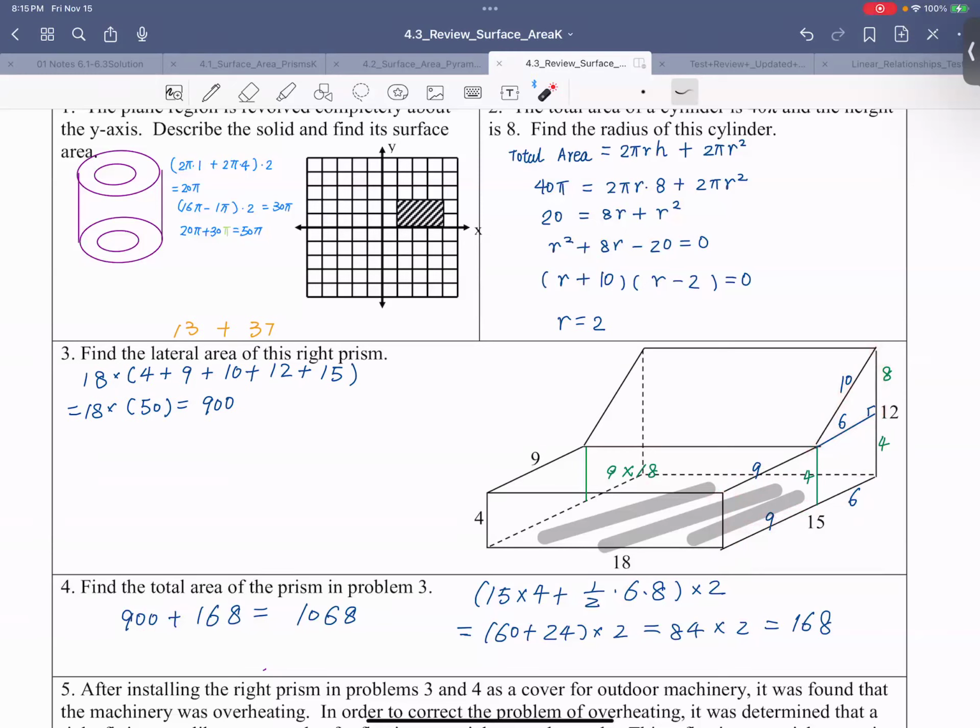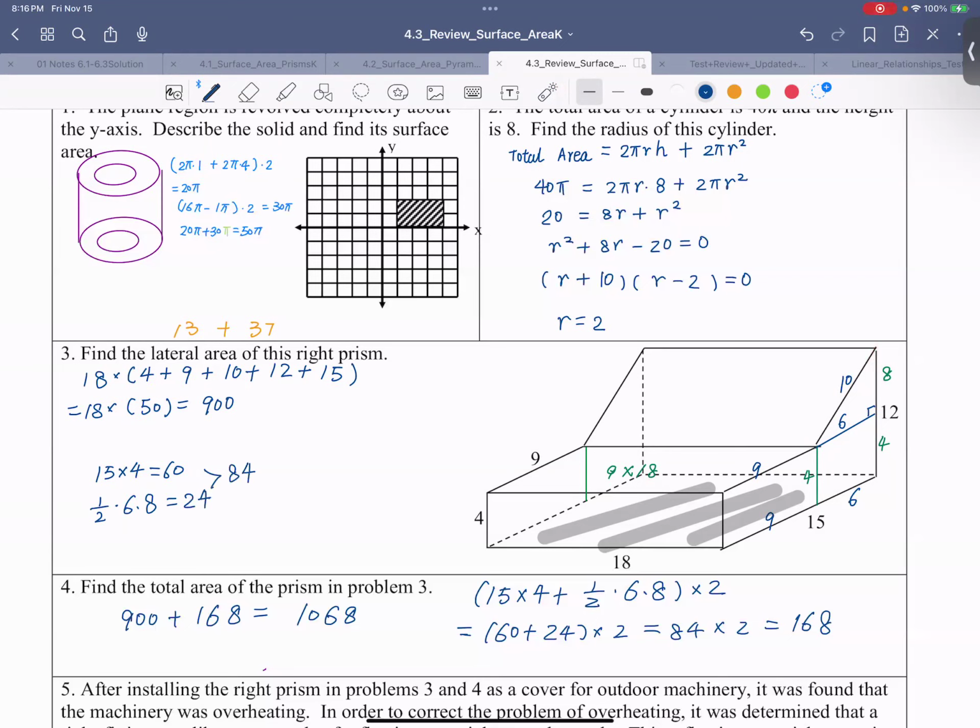So 15 times 4, which is 60, plus half of 6 times 8, which is 24. 60 plus 24 give us 84, right?